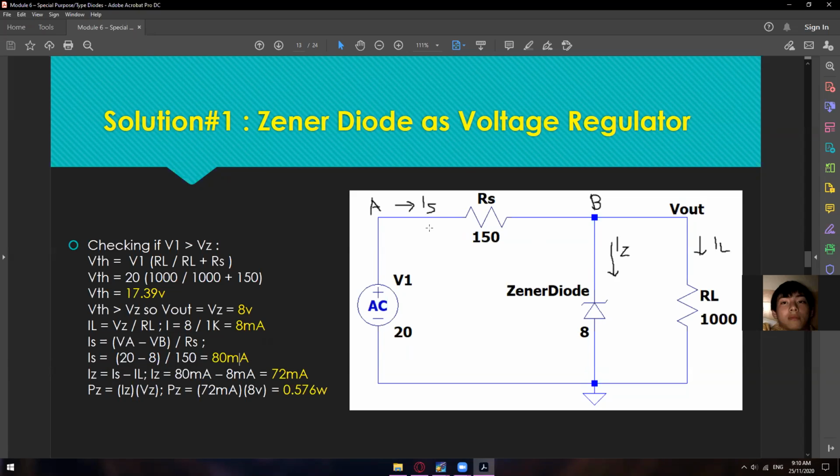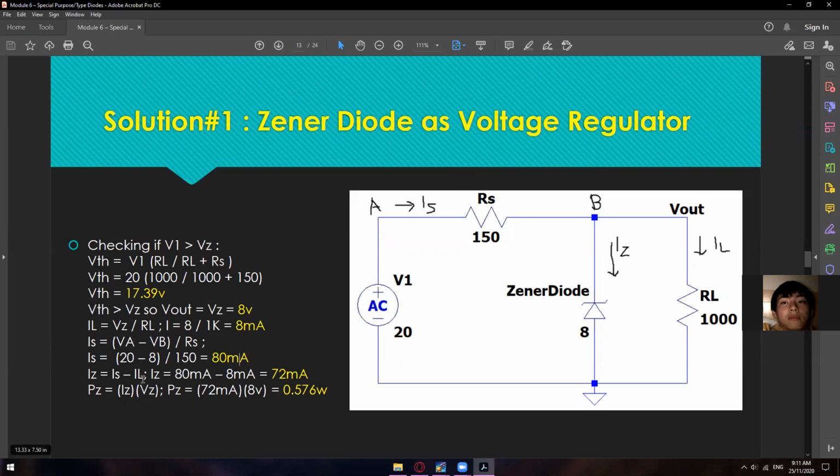And then again, for you to be able to get the IZ, we have the formula IS is equal to IZ plus IL, because our IS is the total current. Then it will be divided into two. Well, not exactly divided into two, but some current will pass through here, and some current will pass through here.